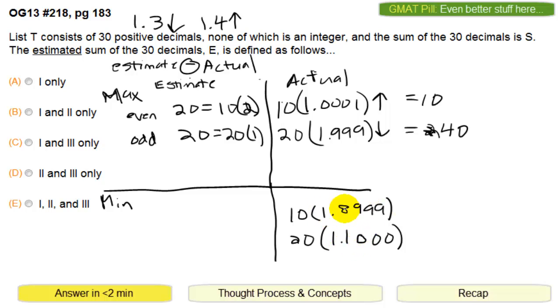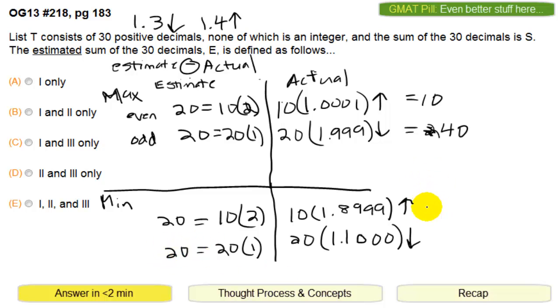In this case, since this is even, you would round up, so you only move up by a little bit. And in this case, this is odd, so you round that down. So in terms of estimates, this effectively becomes 10 times 2, and this becomes 20 times 1. Again, this is 20, and this is 20.